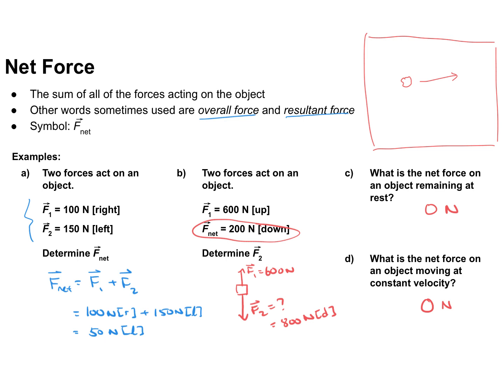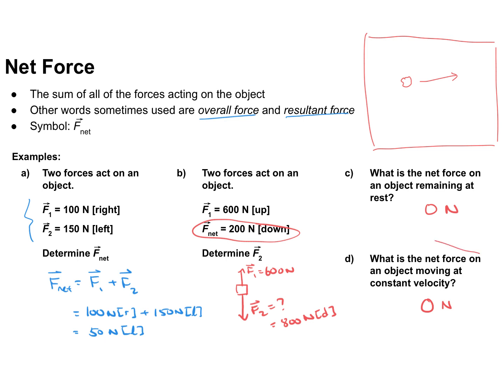This asteroid is just going to keep moving at a constant velocity. There's nothing that's going to affect it. So it'll just keep going in this straight line until it eventually gets close to something else that's going to affect it. But while it's moving in deep space all by itself, there's nothing pushing it, there's nothing pulling it. There's actually 0 newtons of force acting on it, and yet it's still moving. So it is possible for an object to move, even if there are no forces acting on it.